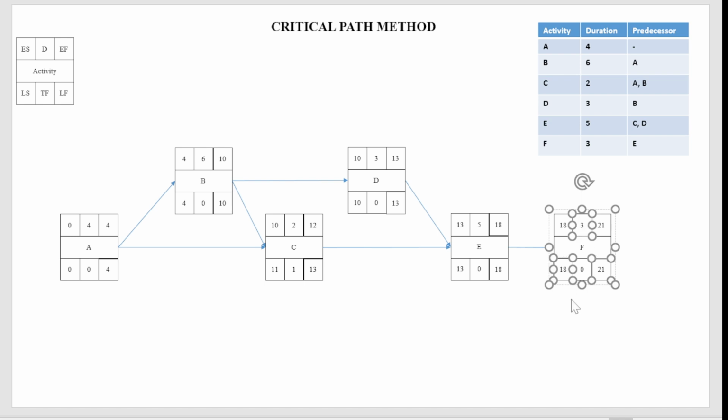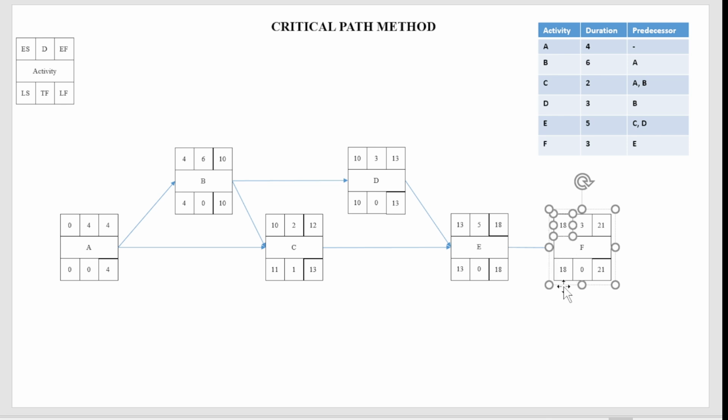Now this is called total float. Total float is the subtraction within the activity you are working on: late finish minus early finish, or late start minus early start.